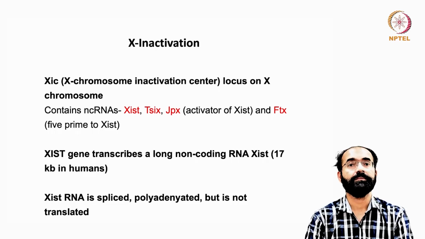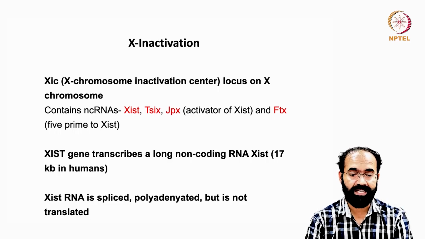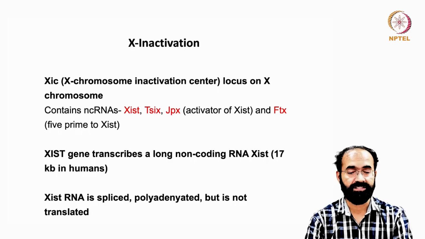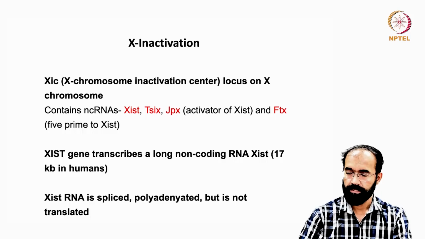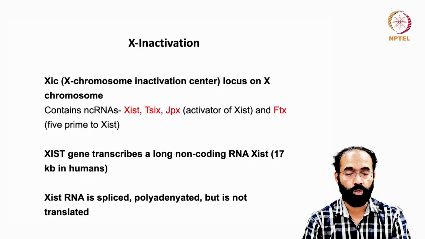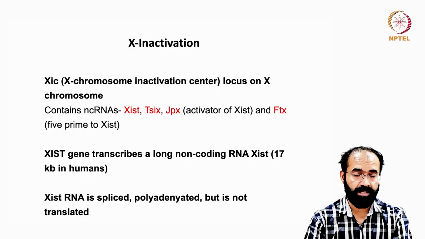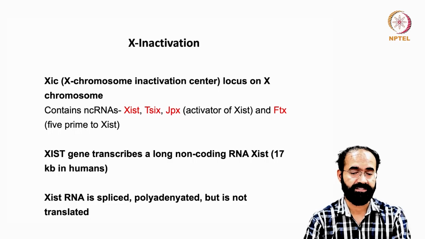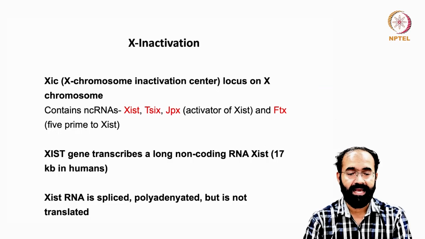It contains several non-coding RNAs, that are called Xist, Tsix, JPX, the activator of Xist, and FTX, which is 5' to Xist. So Xist we know, X inactivation specific transcript, and we also know Tsix, which is the antisense strand, and JPX is a non-coding RNA that is called activator of Xist, and then FTX is another non-coding RNA that is 5' to Xist. So these are all the main 4 non-coding RNAs found in the X chromosome inactivation center, or XIC.